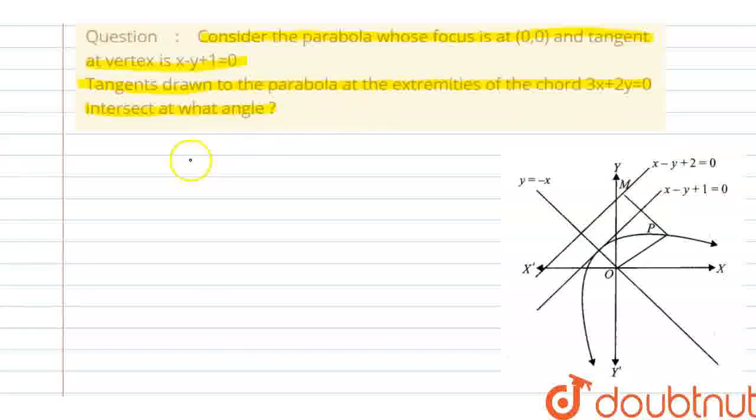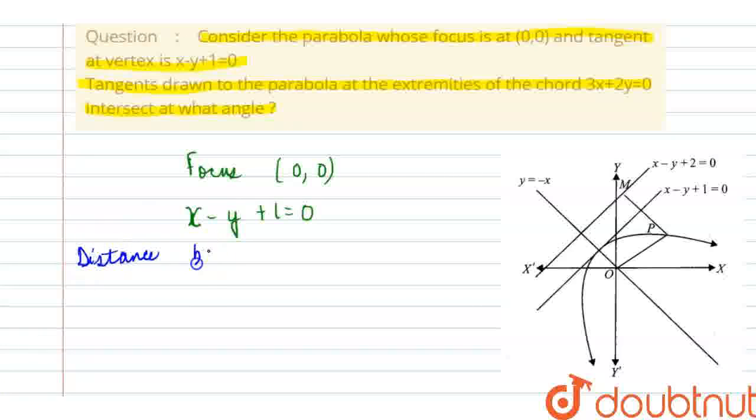Now we are given the focus at point (0, 0) and the tangent at vertex is given by the equation x minus y plus 1 is equal to 0. So we'll be finding the distance between focus and tangent at vertex.